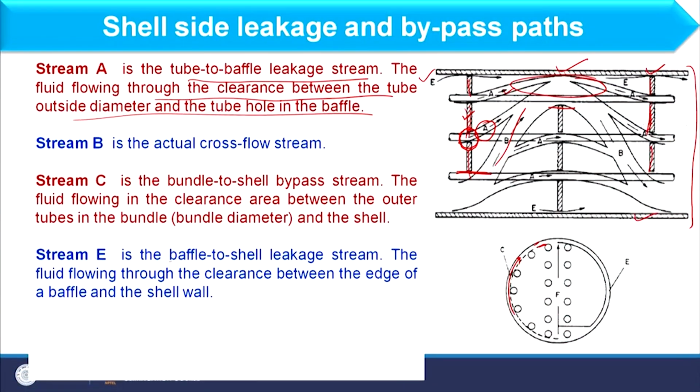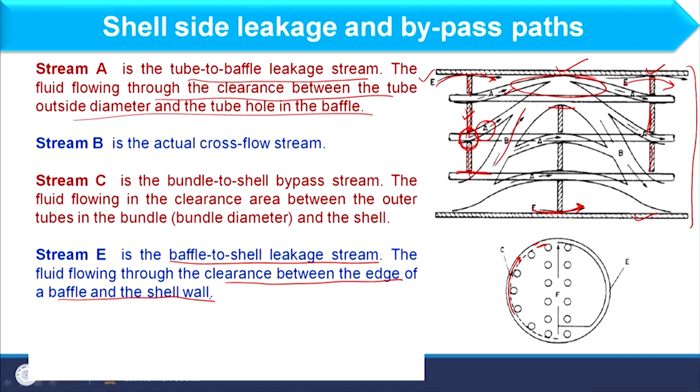Next, we have stream E. Stream E is basically the baffle to shell leakage stream, which is clearly shown over here. Here I am having stream E and here I am having stream E. So, that is the gap between shell dia and baffle dia, the fluid flowing through the clearance between edges of the baffle and shell wall.